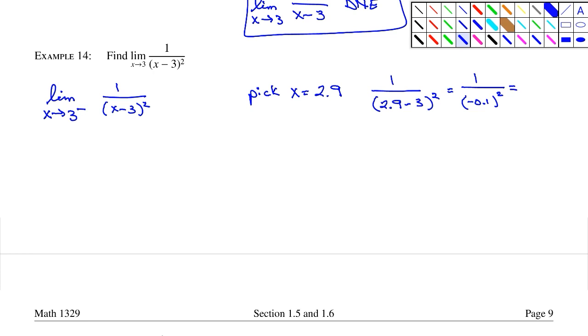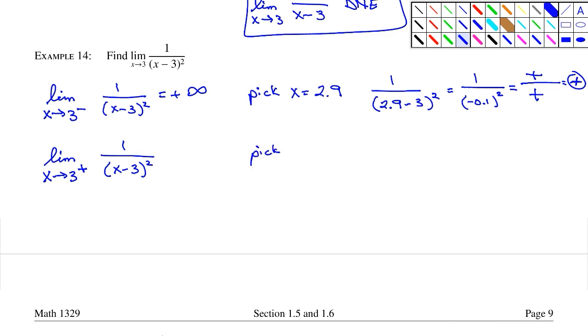But anything squared is positive, so that's a positive number, and this quantity is positive, so this is going to be equal to positive infinity. And then the limit as x goes to 3 from the right side of 1 over x minus 3 squared.